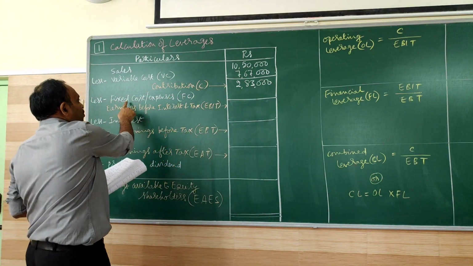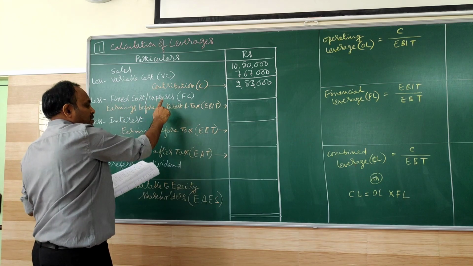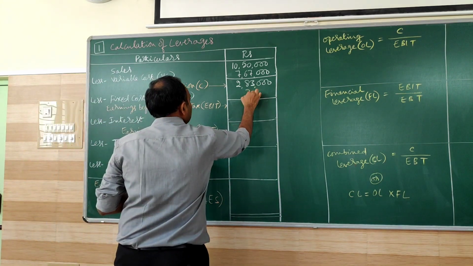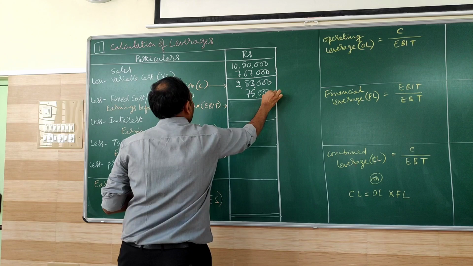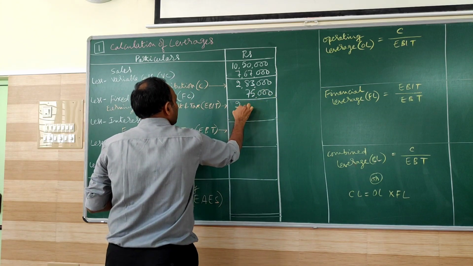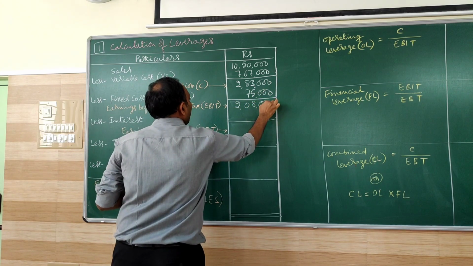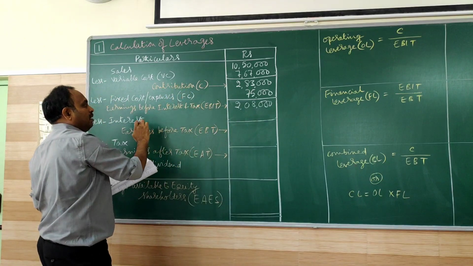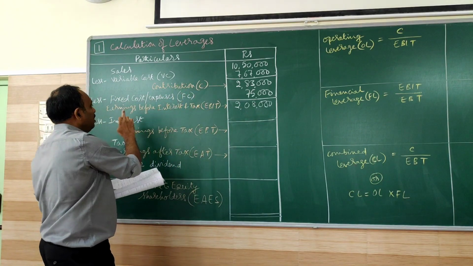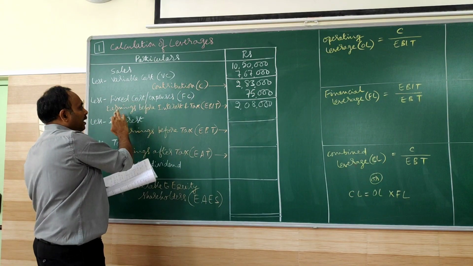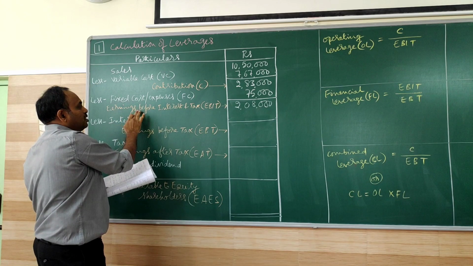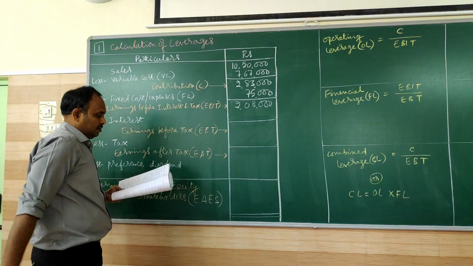Next, less fixed cost or fixed expense given in the problem as 75,000. The result, 2,08,000 after deducting, we call it EBIT, or we can expand it as earnings before interest and tax.